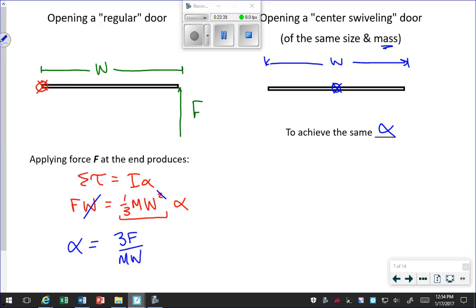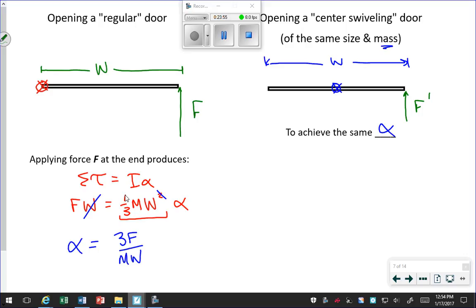And let's also keep the criteria that we apply a force F prime at the end. And the question is, how big does that force need to be to achieve the same angular acceleration?